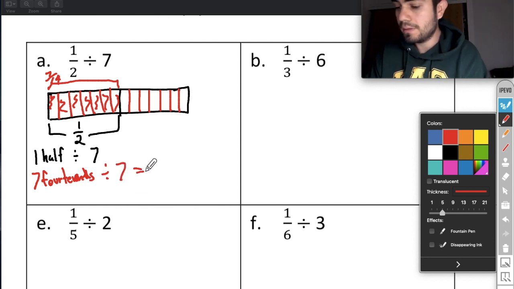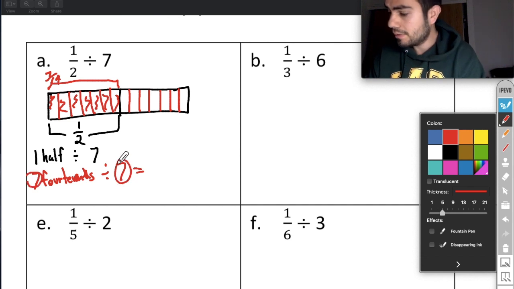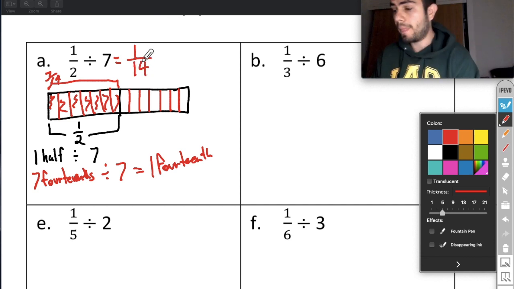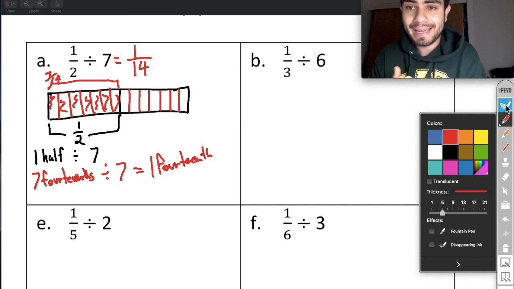Okay, so 7 divided by this 7 will give us simply 1/14, which is written as 1/14. And then the problem is asking for you to check your answer by multiplying.